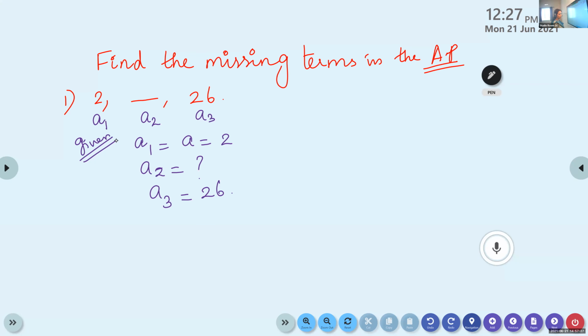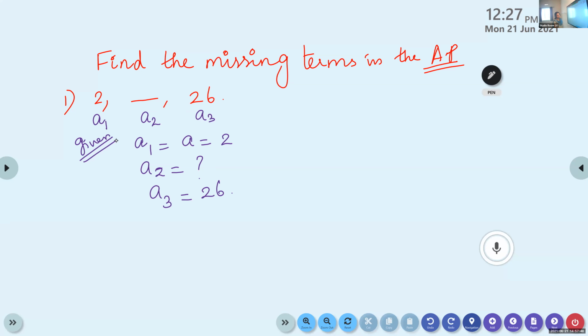Once the sequence is given, you write down what is A. Second term is not known, third term is 26. A3 is 26. Now our aim is to find A2.